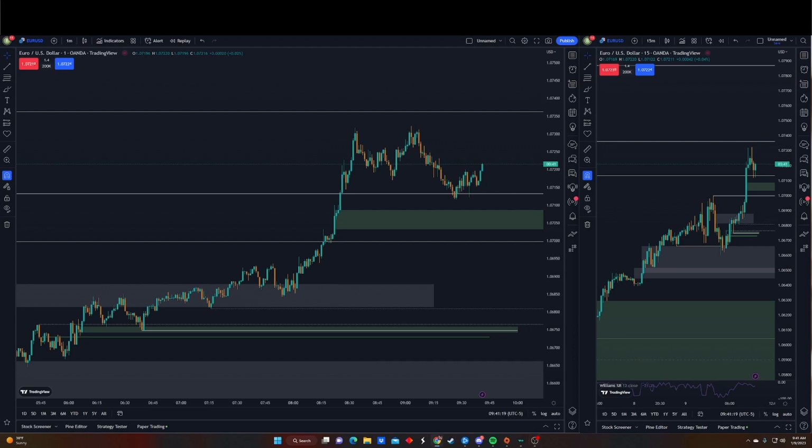Now here is where I would consider this is looking really good to get a buy right here. I'm not going to. That's just not worth it to me. But clean shift in market structure.